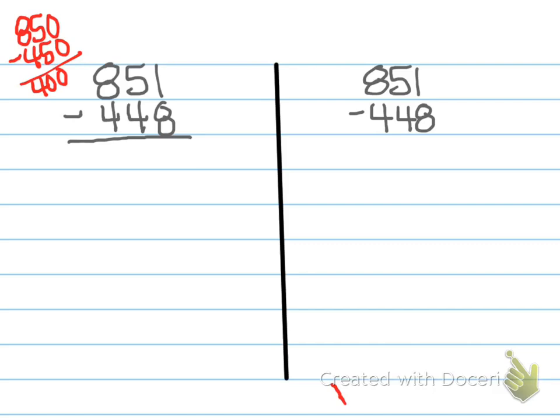First, I want to stop and think about the place value. When I look at the 8, I know that the 8 is greater than the 1, so bigger bottom borrow. This has to become a 4, and this will become an 11.